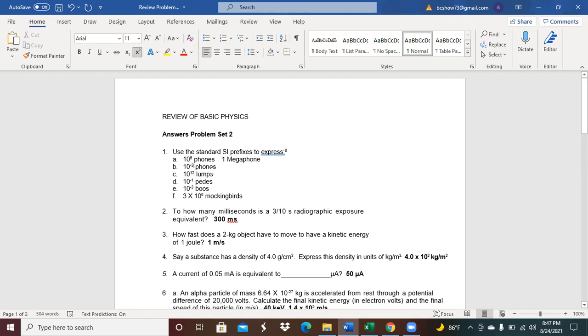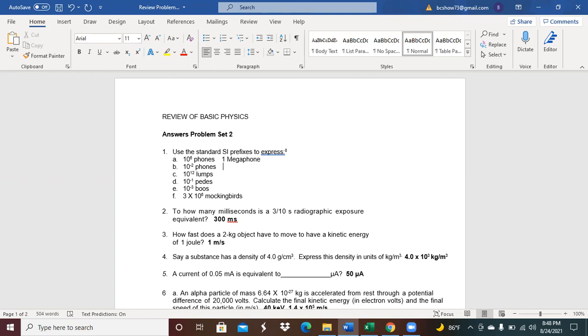How about this one? Let's change that to, say, minus 2. We have phones, lumps, peds, what have you. The unit is just whatever it is we're measuring, it could be anything. So we're just putting it as objects so that we have some fraction or some multiple of something.